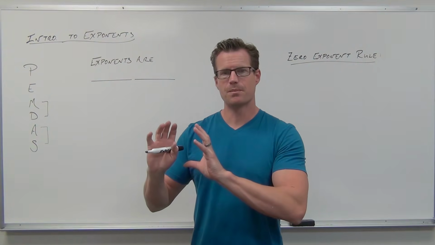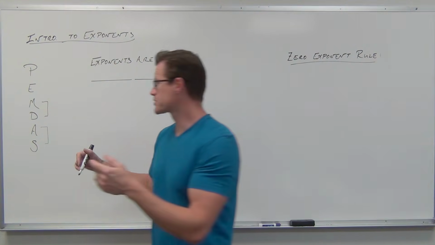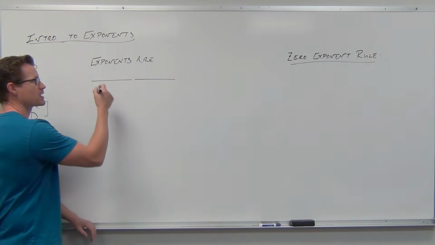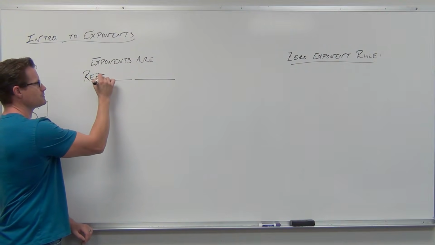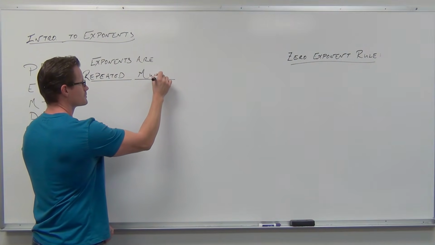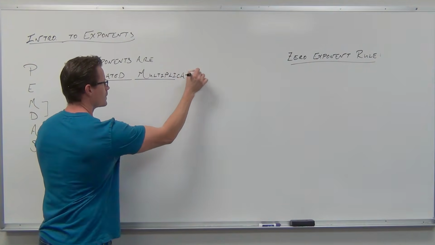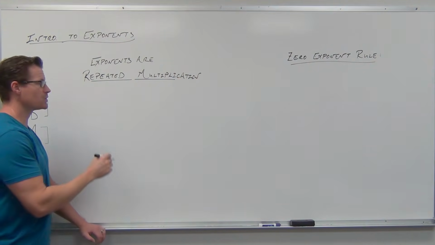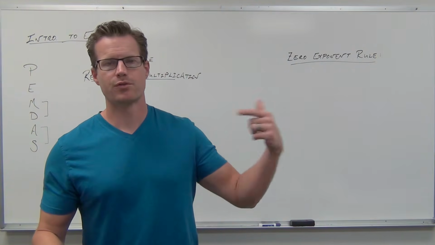Well, exponents are repeated multiplication of the same number. That's what these really are. So when we talk about exponents, exponents are repeated multiplication. And we can show that. So imagine that you saw the same number multiplied over and over and over again.